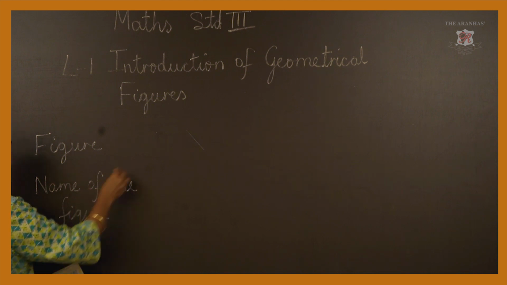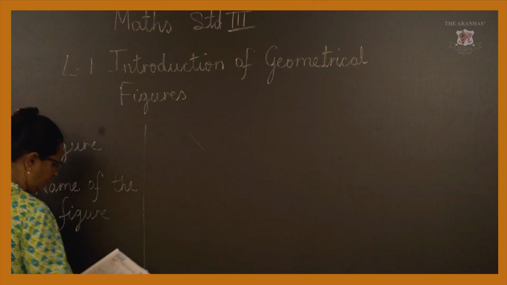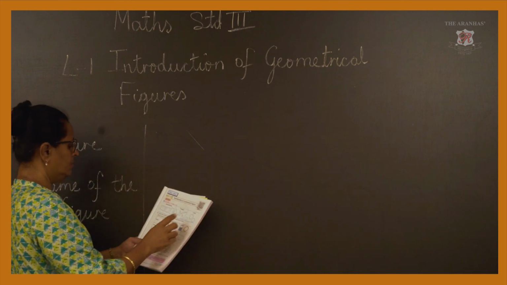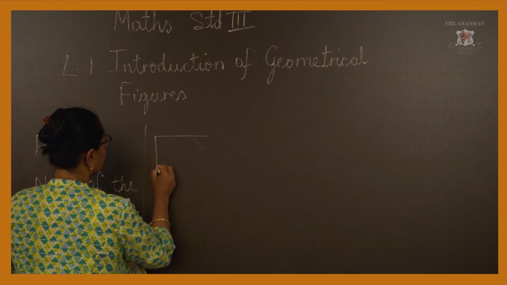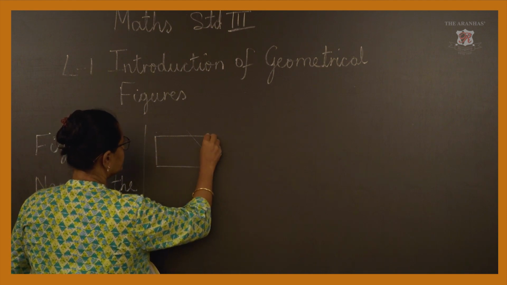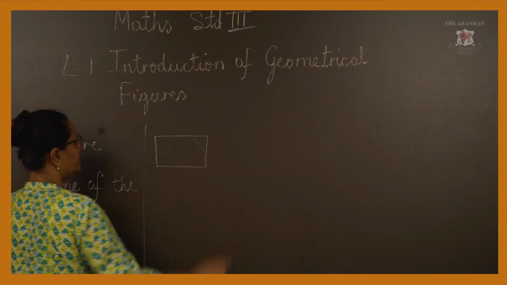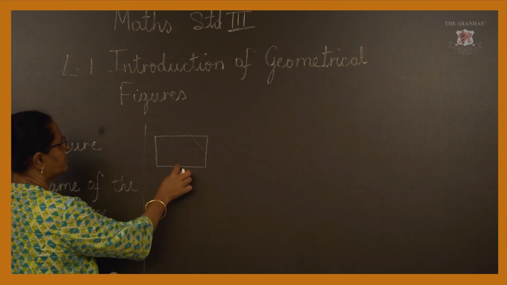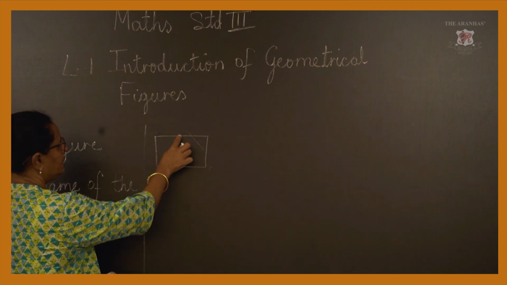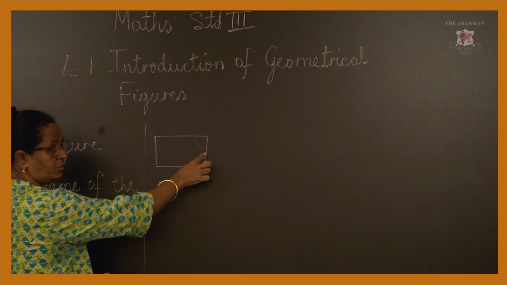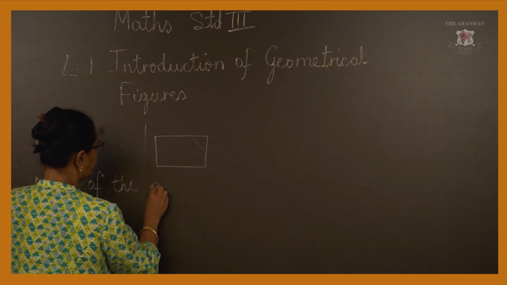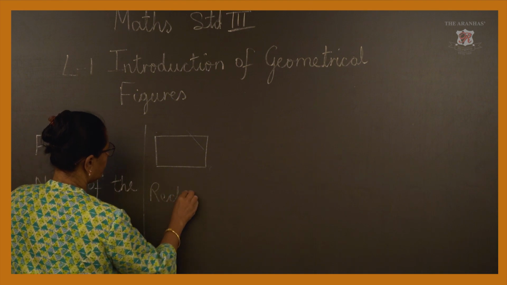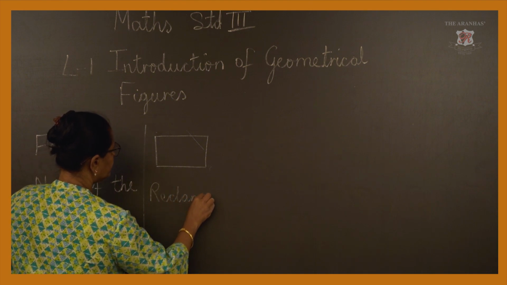The first is your computer screen. Now, when these two sides are equal, and these two are equal in length, what figure is it? It is a rectangle.